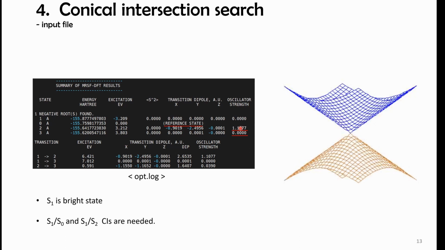So we can guess that the photon will excite butadiene to the S1 state. So I did S1 and ground and S1 and S2 state conical intersection searches. Maybe I just guessed these two conical intersections are related to the photophysics of butadiene.